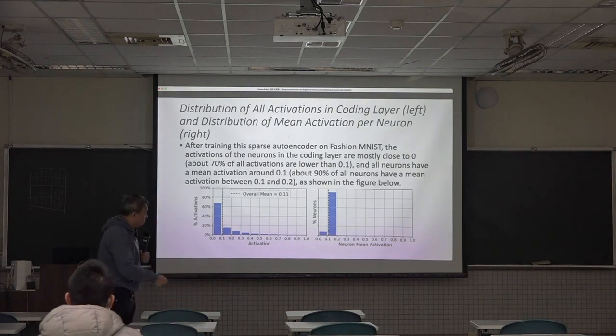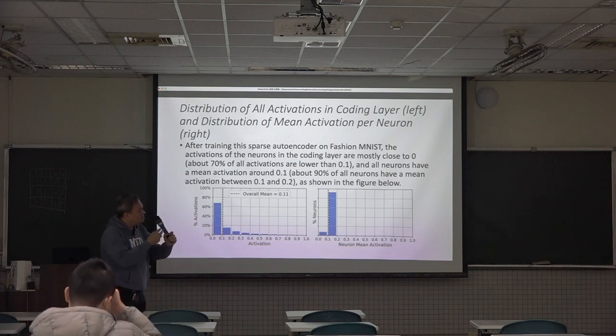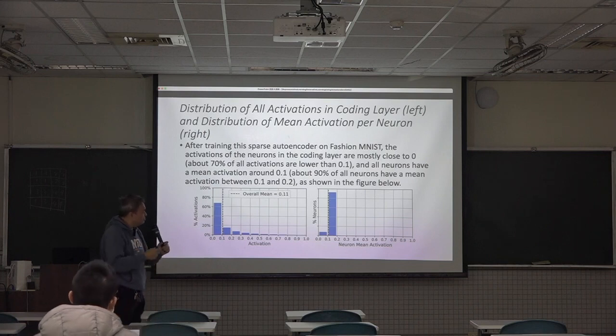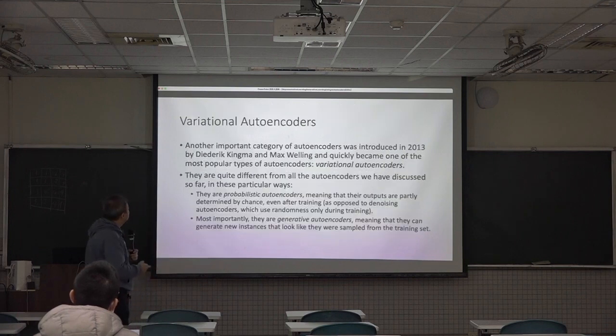Each neuron will actually represent a different meaning in the coding layer. When one is activated, you can imagine the input must mean something, so you can explain that using the features represented by the neurons in the coding layer.